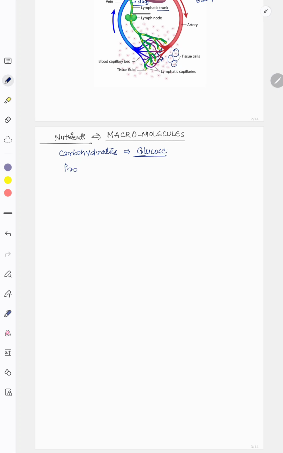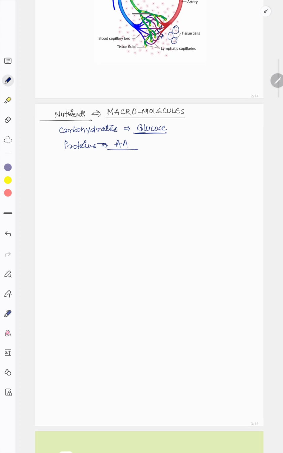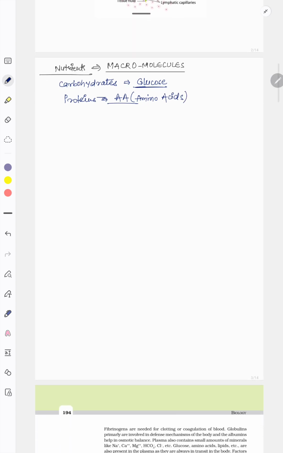Amino acids, that is proteins, the unit is amino acids. Then fatty acids and lipids, right?